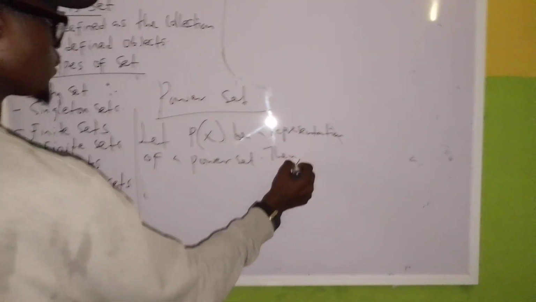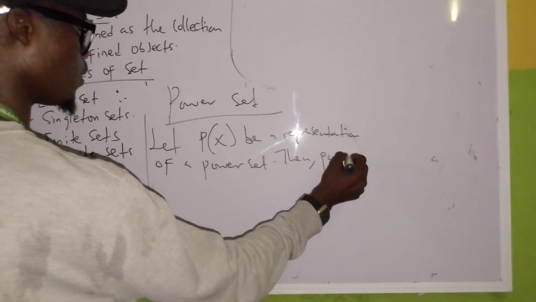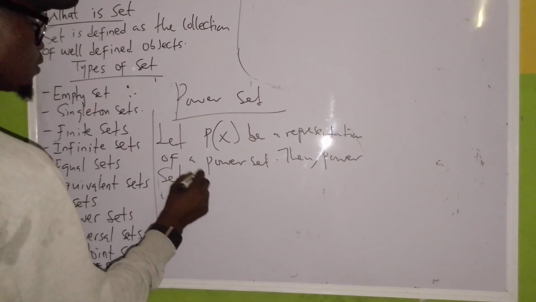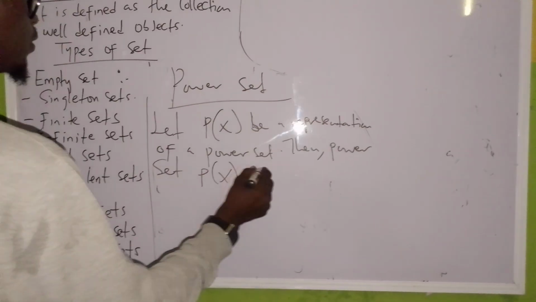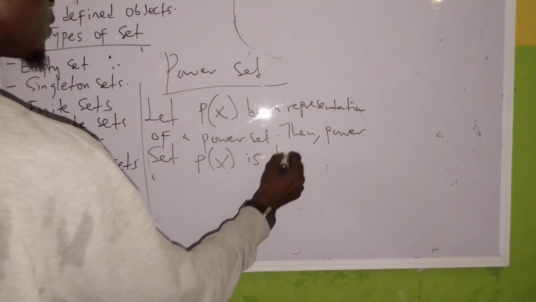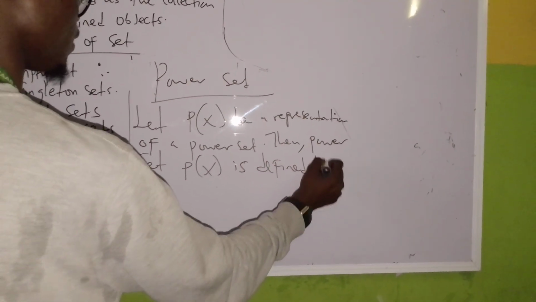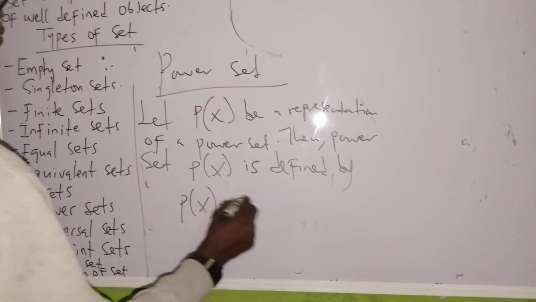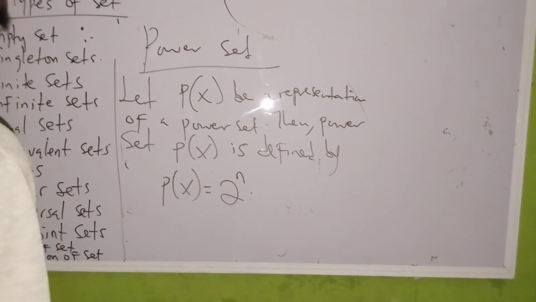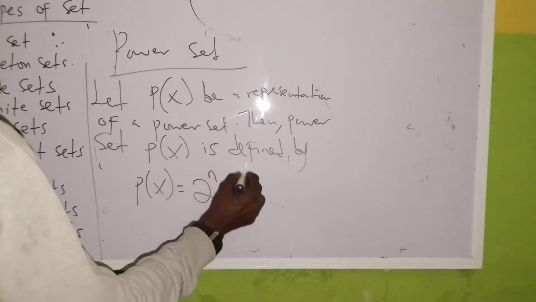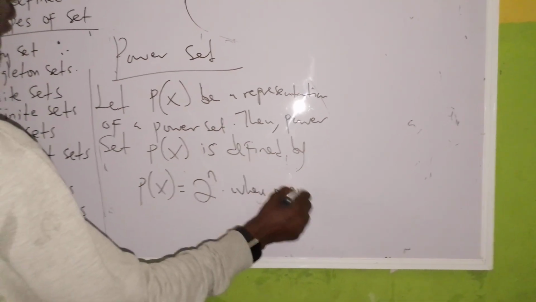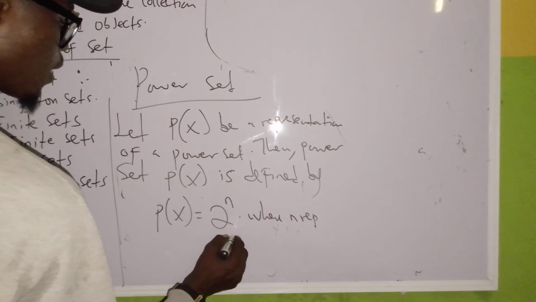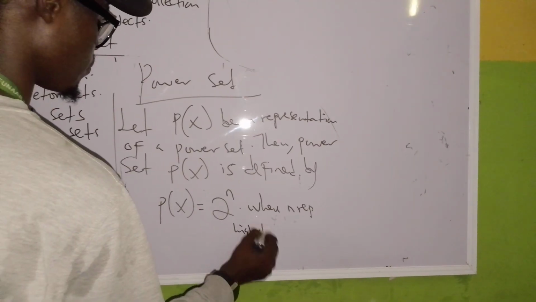Then the cardinality of the power set P of X is equal to 2 raised to power n, where n represents the highest power.